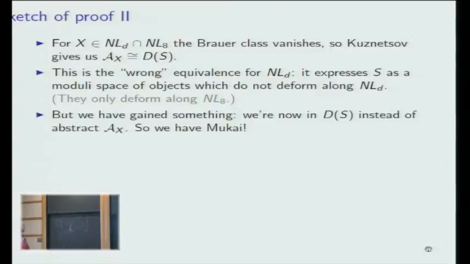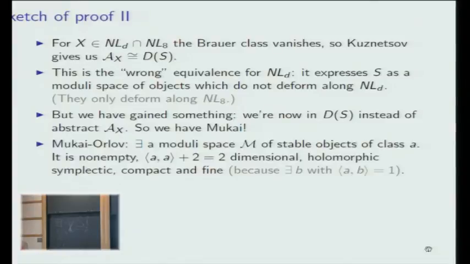Okay, but we do have something now, because we now can use geometry. In fact, we can use Mukai, because our AX really looks like the derived category of a K3 surface now. So we have lots and lots of results. In particular, Mukai and Orlov prove that there's now a moduli space of stable objects of class A. Okay, so that's the remarkable thing.